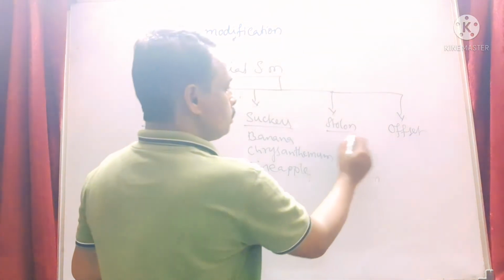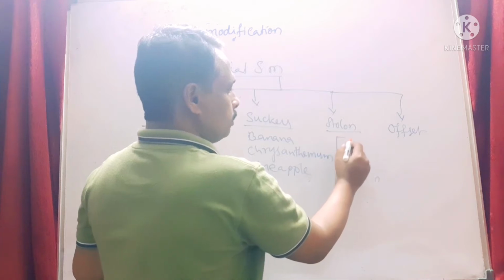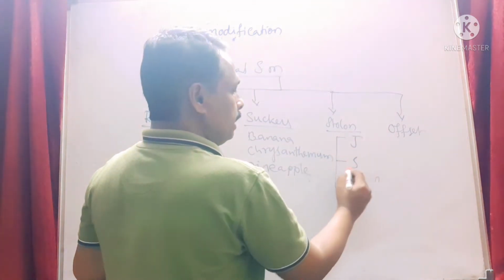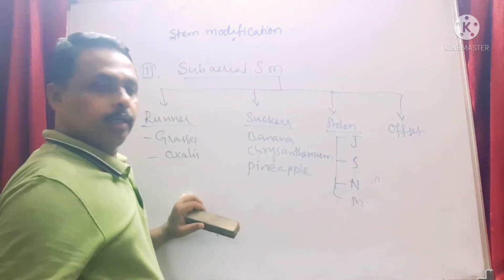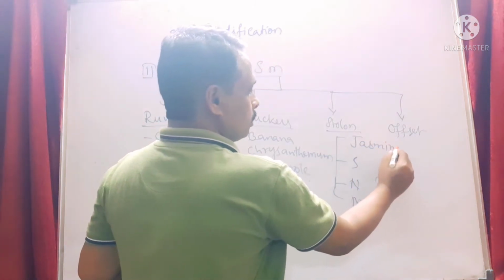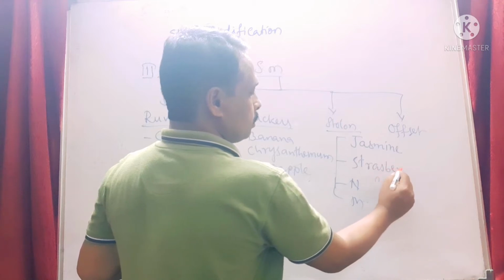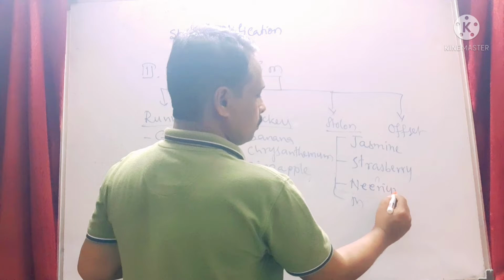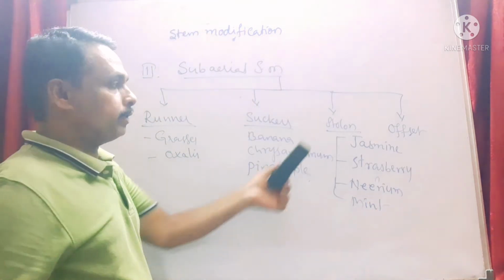Next, stolon examples like jasmine, strawberry, nerium, mint plant are the examples for stolon.